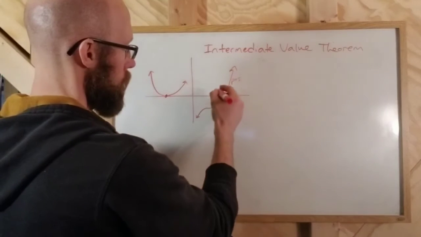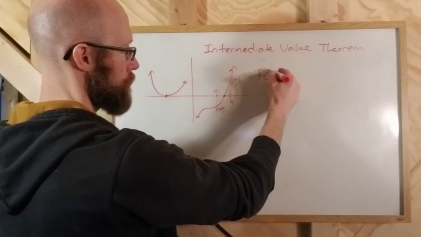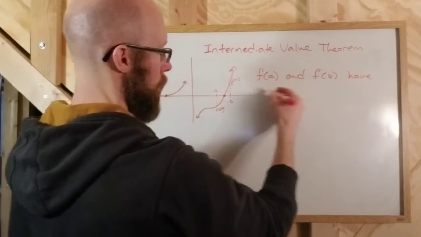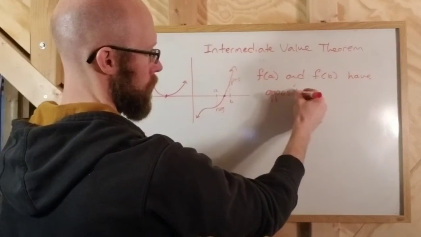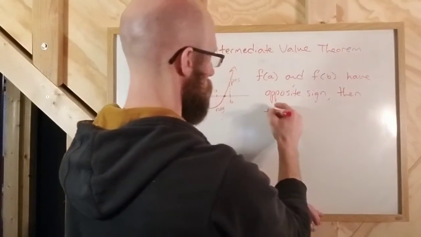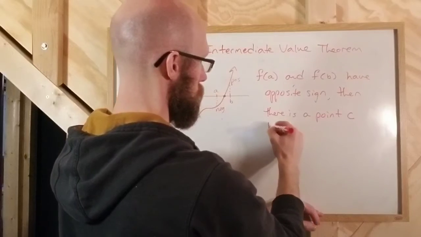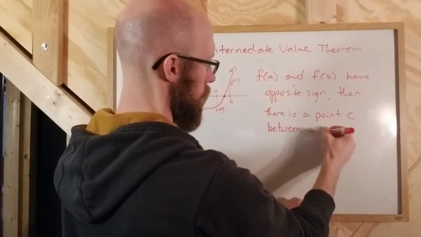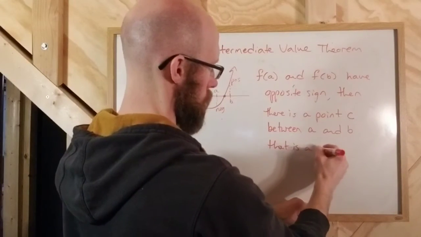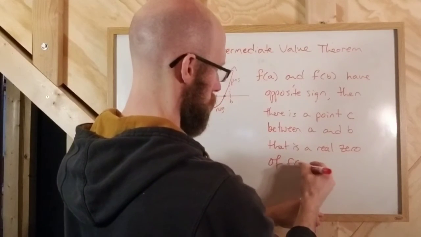And we say that if this is a and this is b, then if f of a and f of b have opposite sign, then there is a point c between a and b that is a real zero of f of x.